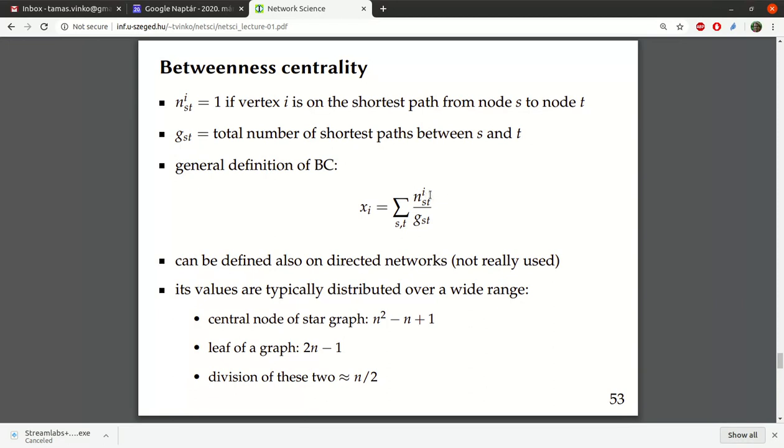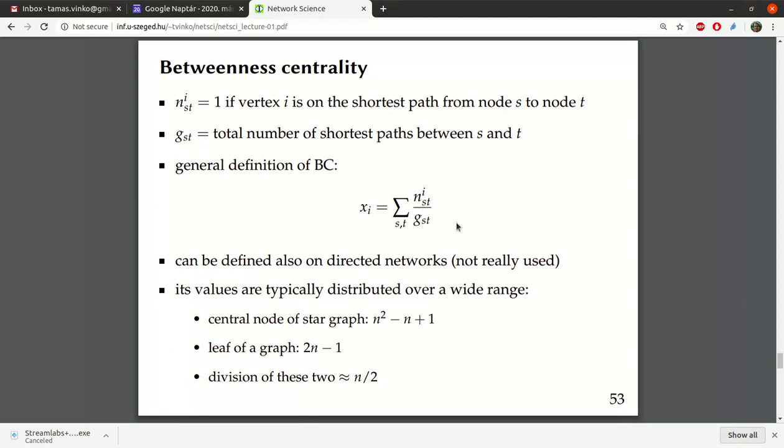And here we have this other number, which counts how many times a node I lies on the shortest path between node S and node T. And this is the ratio of these two.